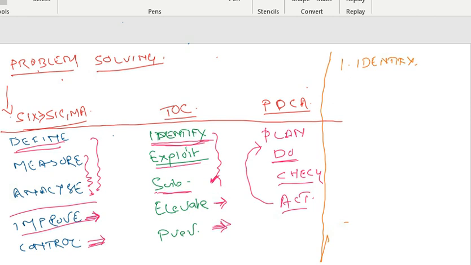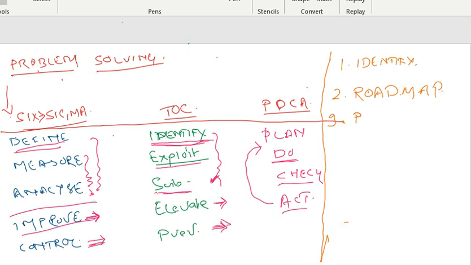Then the next one is to prepare a roadmap for this. The roadmap can be equivalent to a charter in Six Sigma, but I call it a roadmap for simpler understanding.